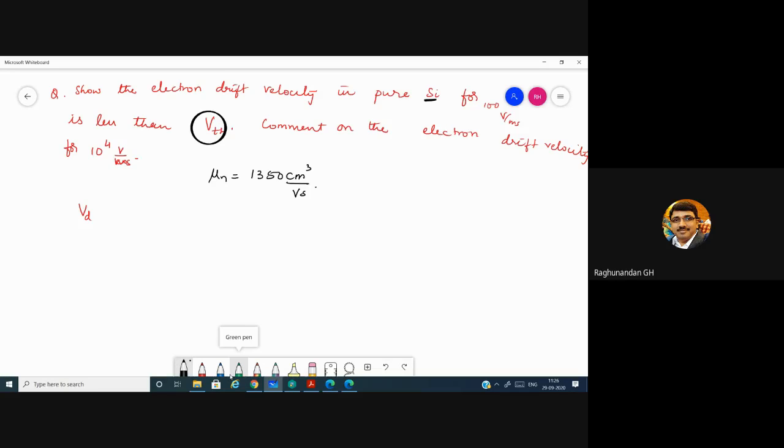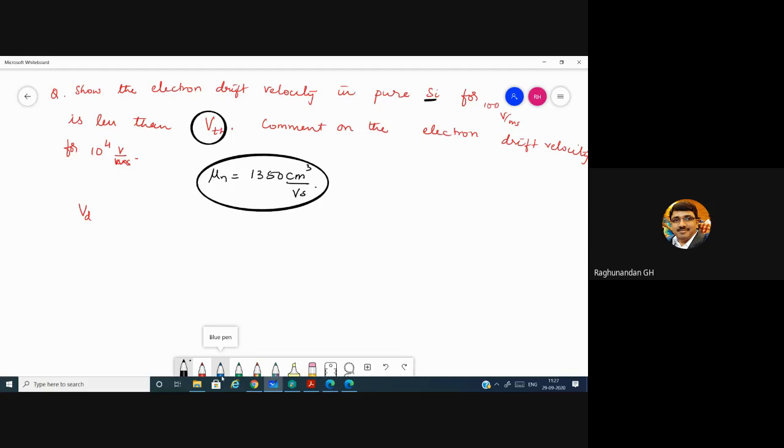This is the standard value for mobility of electrons in silicon. In the last question, they had not mentioned silicon, so they gave the mobility directly, but here they have mentioned silicon, so you should use this value. This value you should remember.